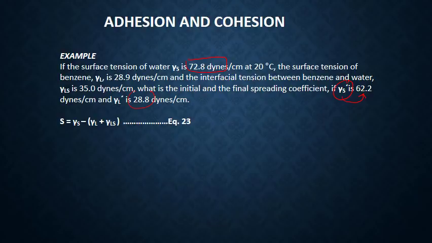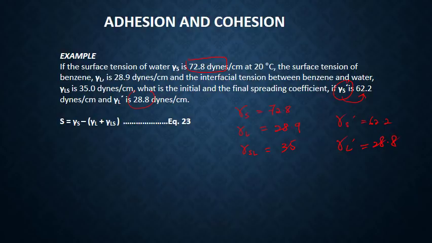So let us write everything in mathematical language: gamma S is equal to 72.8, gamma L is equal to 28.9, interfacial tension gamma SL is equal to 35, and gamma S prime is equal to 62.2, and gamma L prime is equal to 28.8.